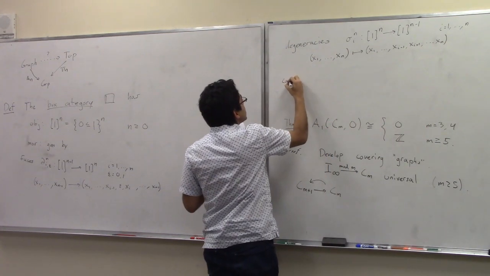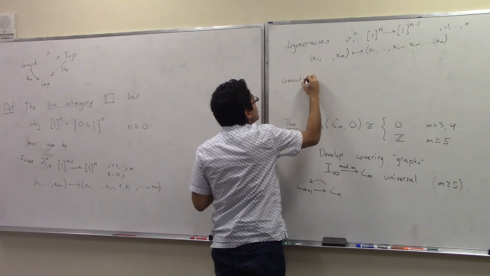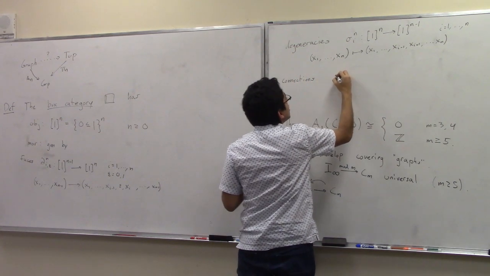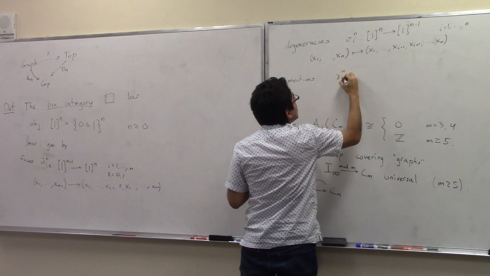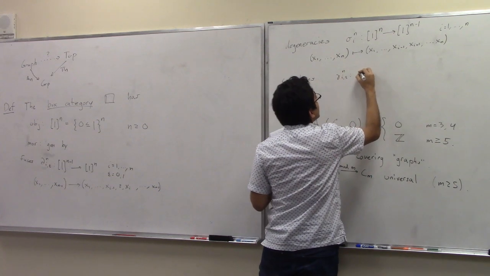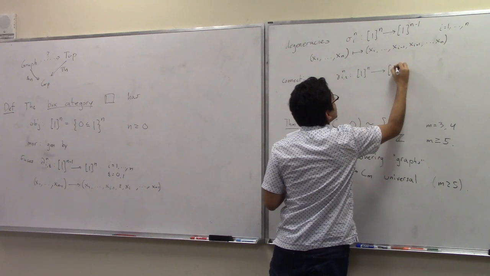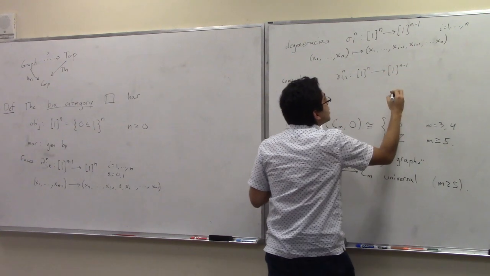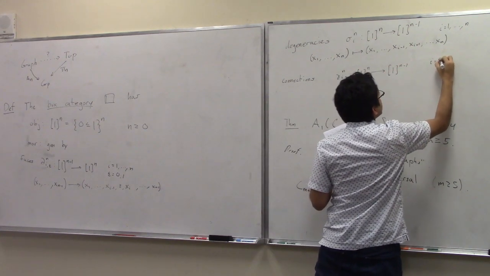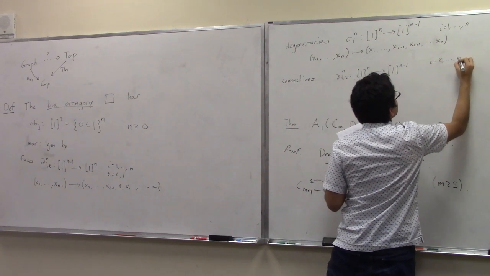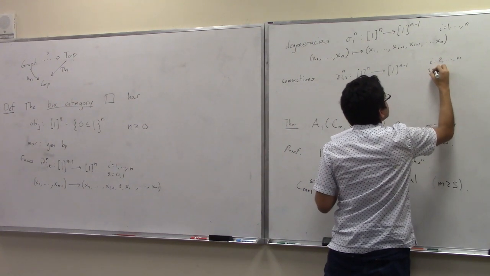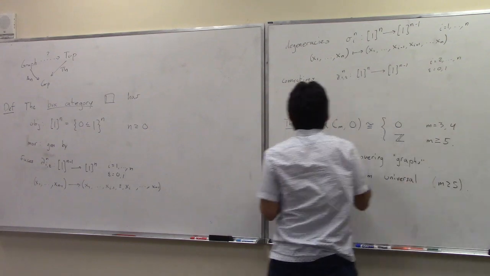And I additionally want the connections, which are written γ_{n,i,ε}. This goes from [1]^n to [1]^{n-1}. Here i now ranges from 2 to n, and ε is again either 0 or 1.